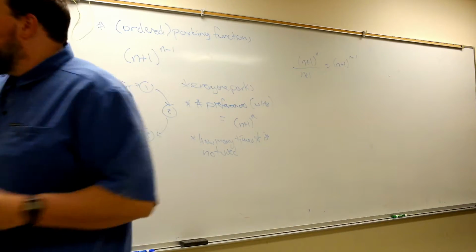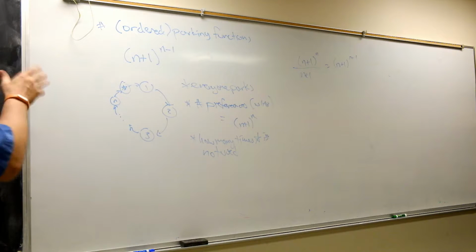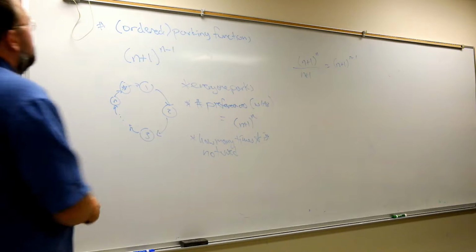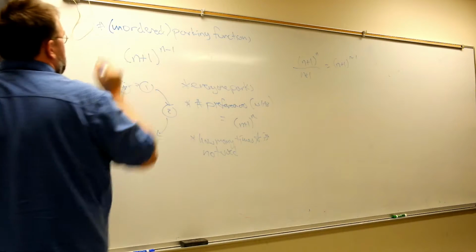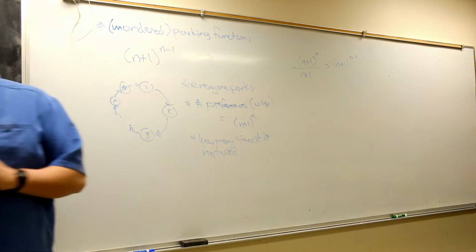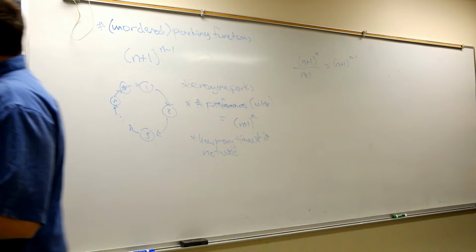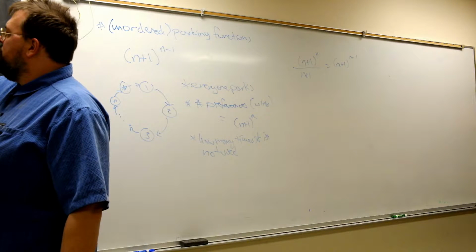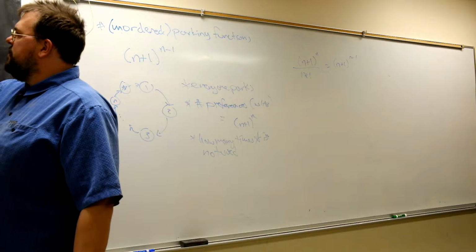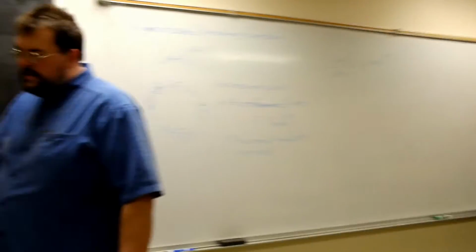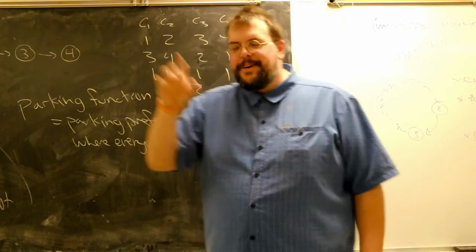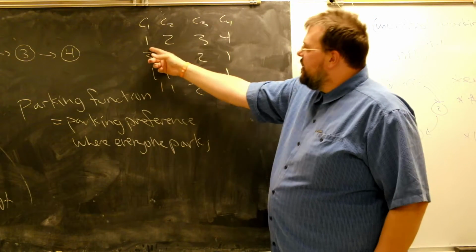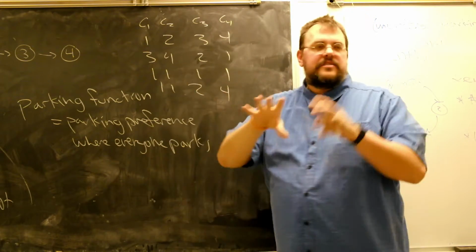Okay, so these are nice numbers, but I want to talk about something a little bit different. I want to talk about the number of unordered parking functions. Let me be a little bit clear about what I mean by that. I really mean I don't care about the relative ordering of the preferences. So previously I thought 1, 2, 3, 4 and 3, 4, 2, 1 were distinct.